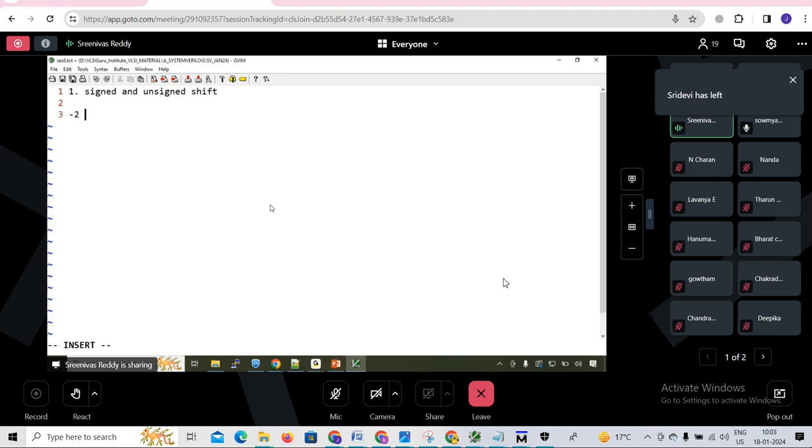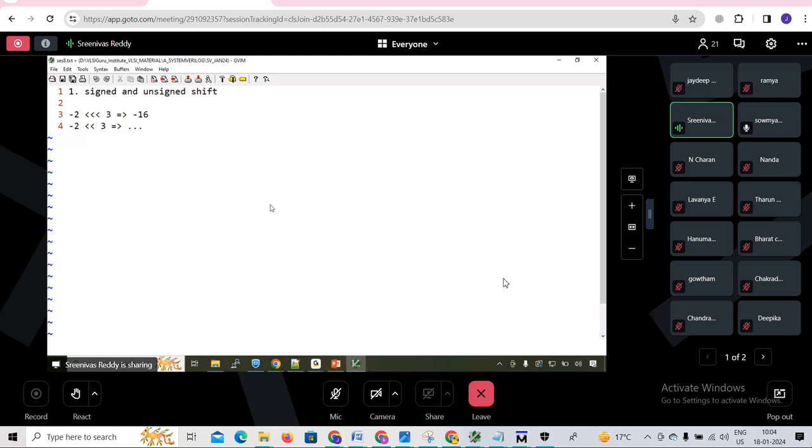If you shift -2, let's say, by left shift by 3 positions, ideally what would be the expectation? The signed shift will become -16. It will shift the number, and it will also retain the signed nature. Whereas if you do a normal shift, it won't be -16, it will be something else.